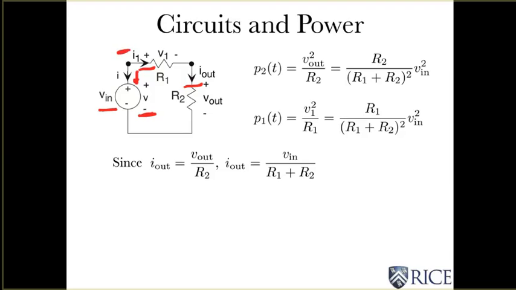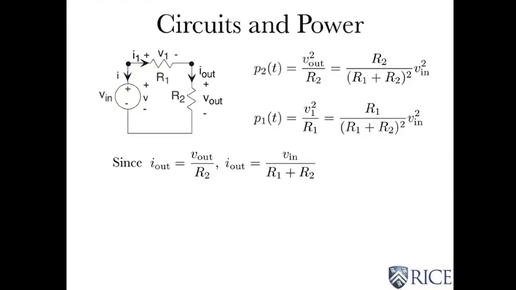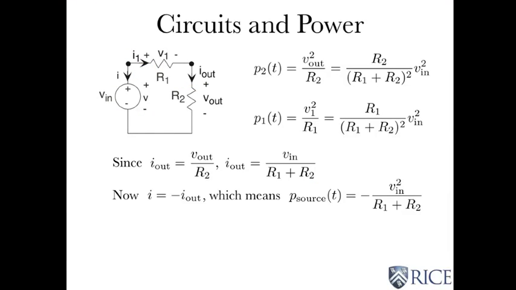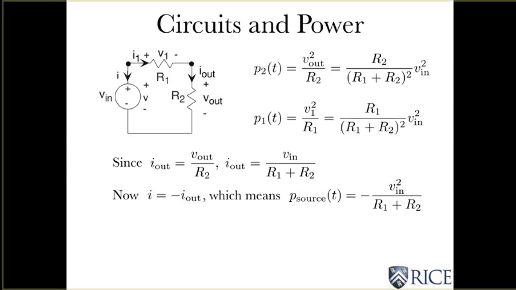So, if I just find I out, which is given by the voltage that we found divided by R2, we know that that is I out, and I will be equal to minus I out, and what we get for the power produced by the source is the negative of Vn squared divided by R1 plus R2. And negative means it produces power. It is the one that is producing the power in the circuit.